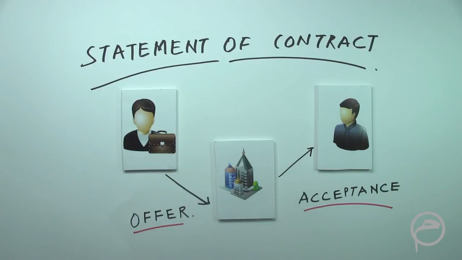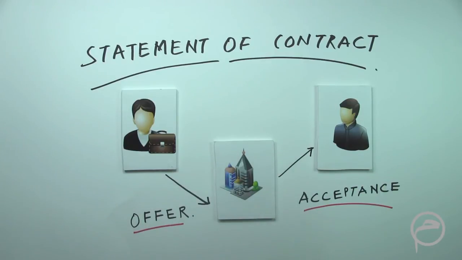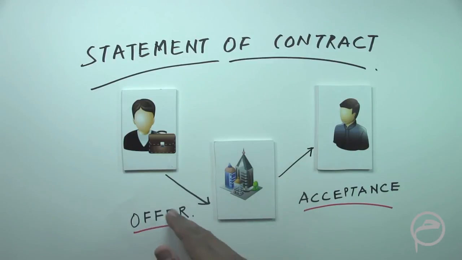In modern times, we have seen that offer and acceptance could be done through various modes of communication. They could be done in physical form, where people sign the contract, or through telephones. The offers could also be done through emails.